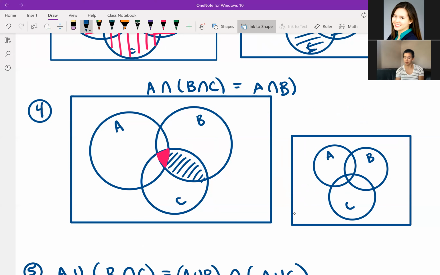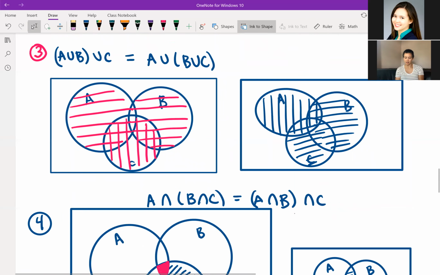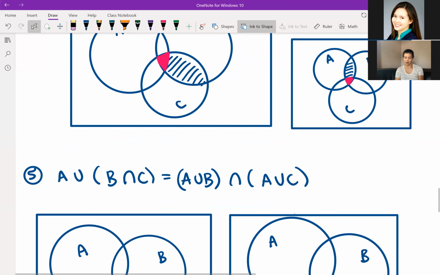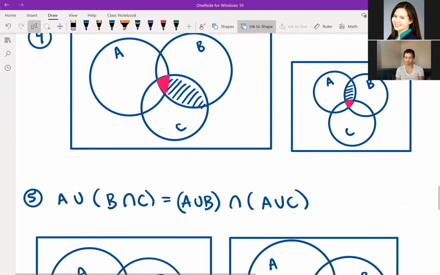Let's do A intersect B intersect C. So here is A intersect B, and let's look for the part that's also in C, and that is this pink bit right there. So we can see these two expressions are the same. All right, so we have seen how A intersect B intersect C is the same thing as A intersect B, then intersected with C.